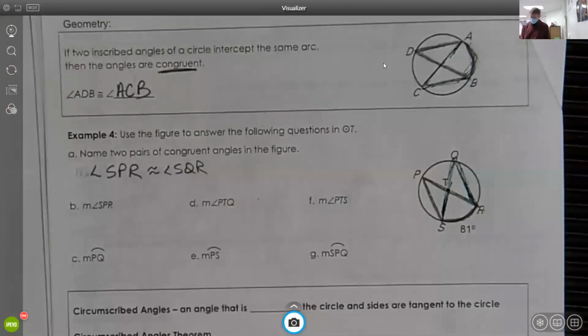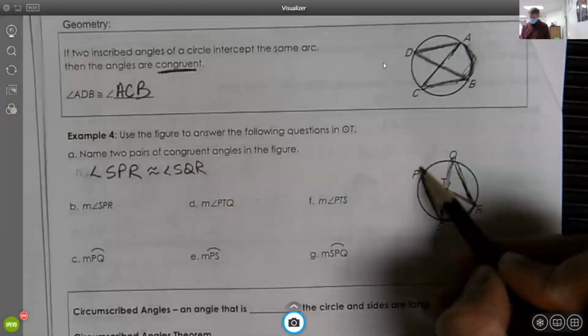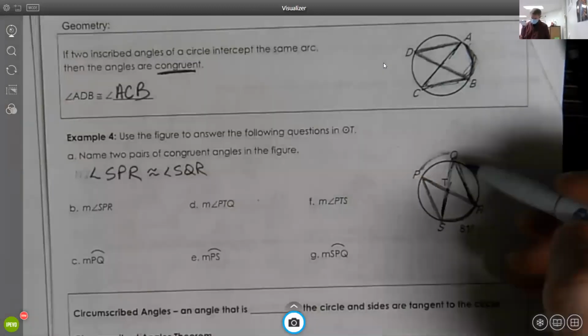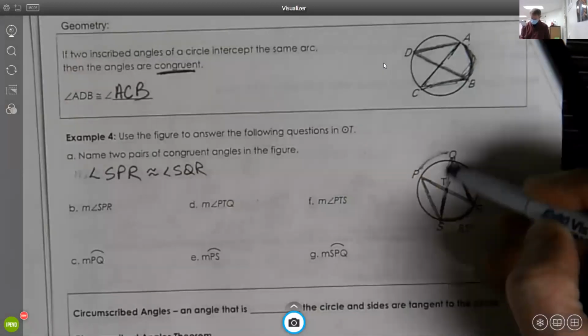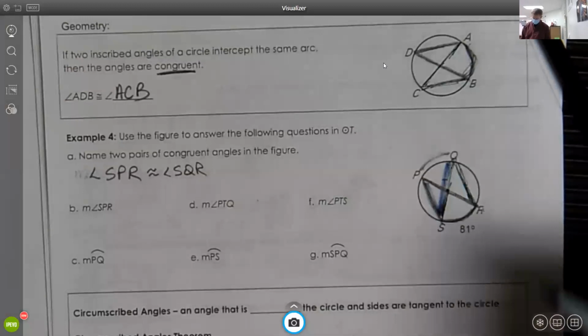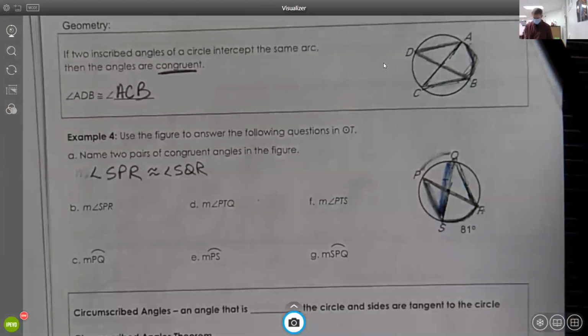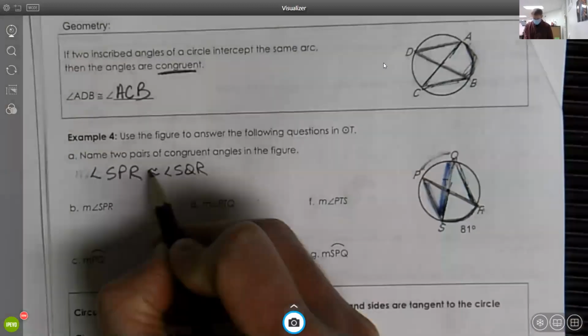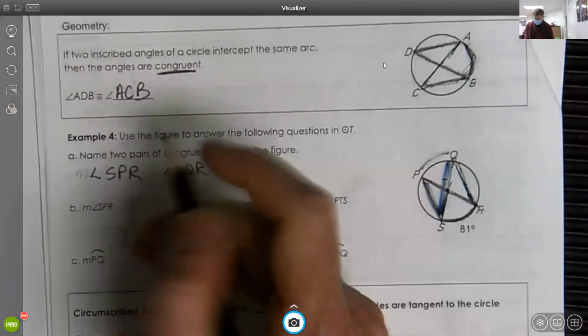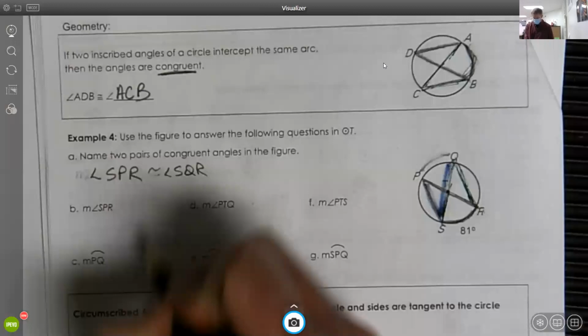Well, we have another arc that's sitting out here. And we have two angles that are opening up to that. Oh, I certainly did. Good eyes. So we have our one squiggly line.